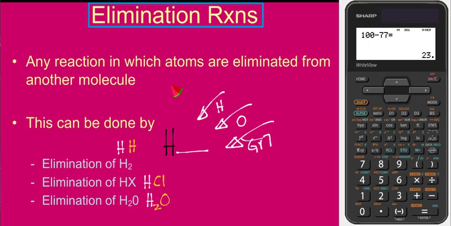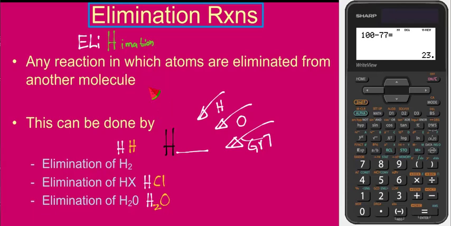Maybe you should call it HI, but with the sound of H, elimination. With an H. Elimination. Then you know you're dealing with something that starts off with an H.